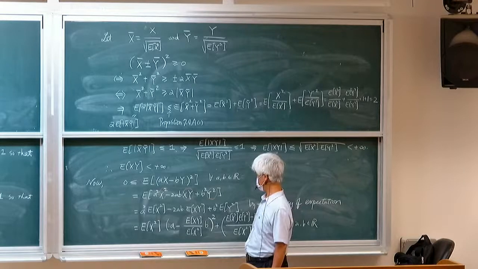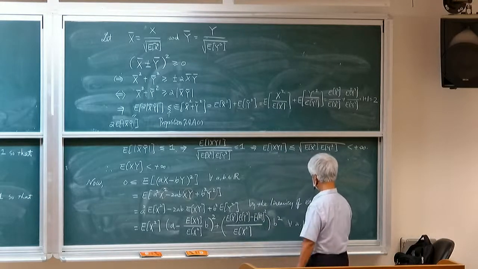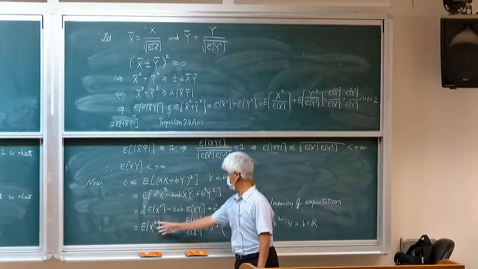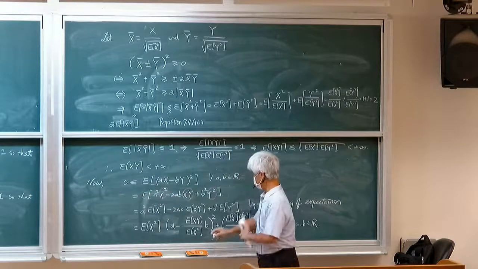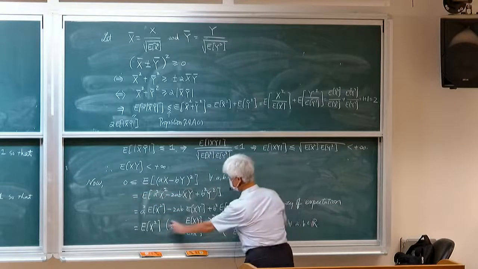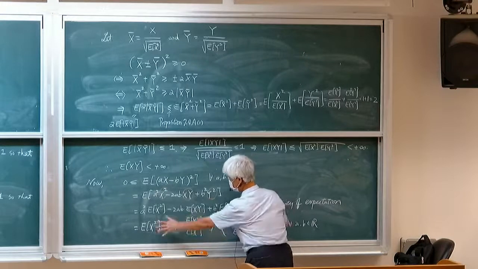Because you have 2 degrees of freedom here. For every a, b in R, this term must be greater than or equal to 0. So for example, you can always let a equal to b times this coefficient, so you can cancel them.